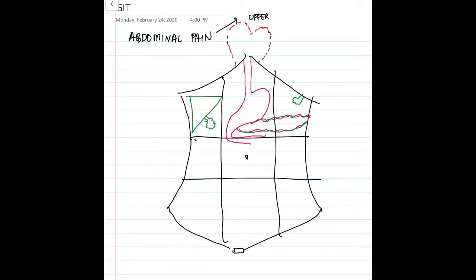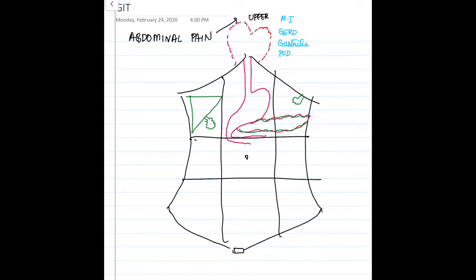Okay, so these are the differential diagnoses that we have to remember for upper abdominal pain. Remember MI and then GERD, gastritis, inflammation, and infection. You can remember peptic ulcer disease because H. pylori can cause peptic ulcer.